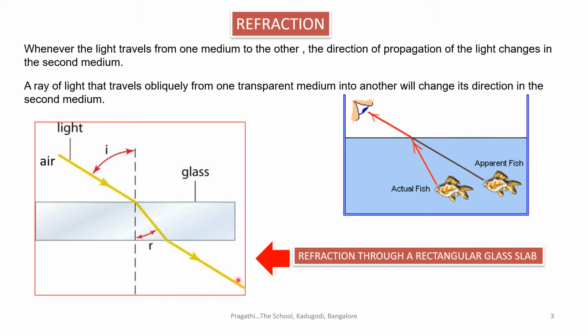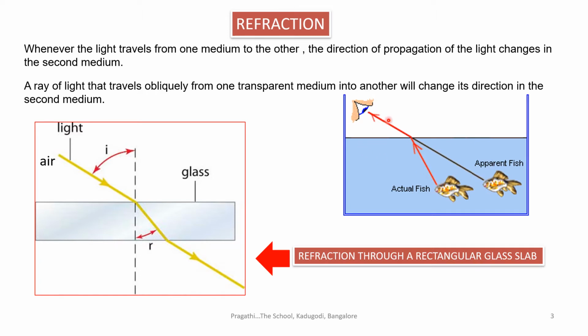Very simple. And whenever you see a fish in a pond, how does the fish appear? The fish appears a little far away from the actual fish. Whenever we see, we think that the fish is here. There is an apparent fish. That is a false image. We think the fish is here, but actually the fish will be here. Why?